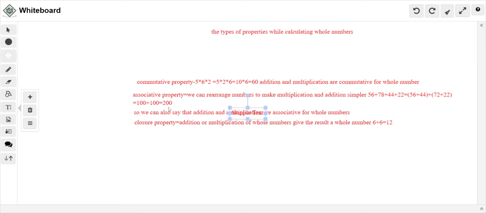And time for the last property, which is the distributive property.